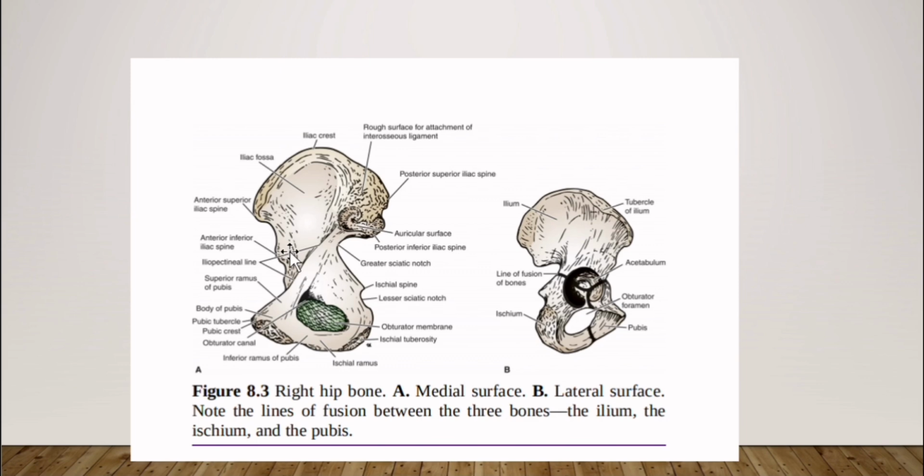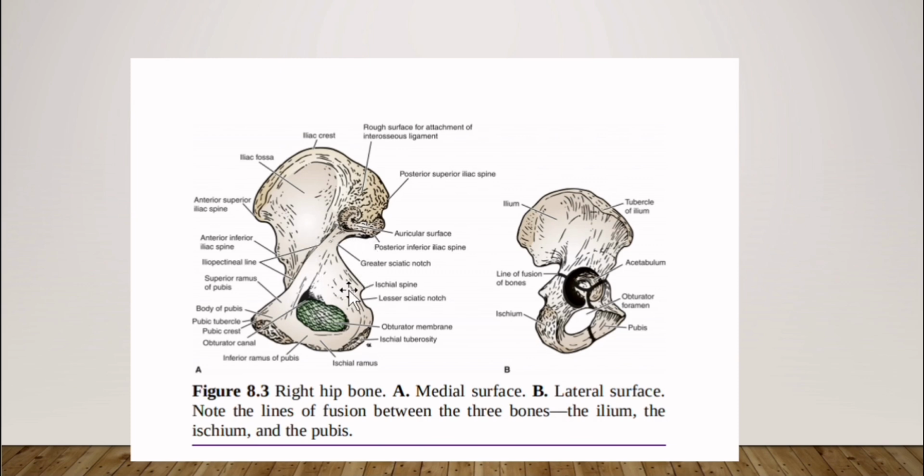The iliopsoas. Then the anterior superior iliac spine, where we find the inguinal ligament. The anterior inferior iliac spine, which we'll talk about more when we are talking about the lower limb. So if we have iliac spines anteriorly, we have iliac spines posteriorly, one superior, one inferior.